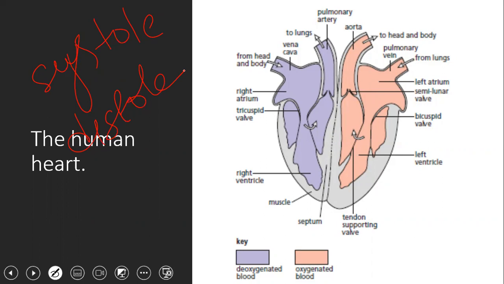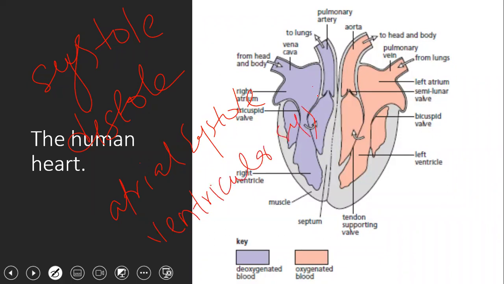So for example, what if I say atrial systole? You will say the atrium is contracting. What if I say ventricular systole? That means the ventricle is contracting. What if I say atrial diastole?